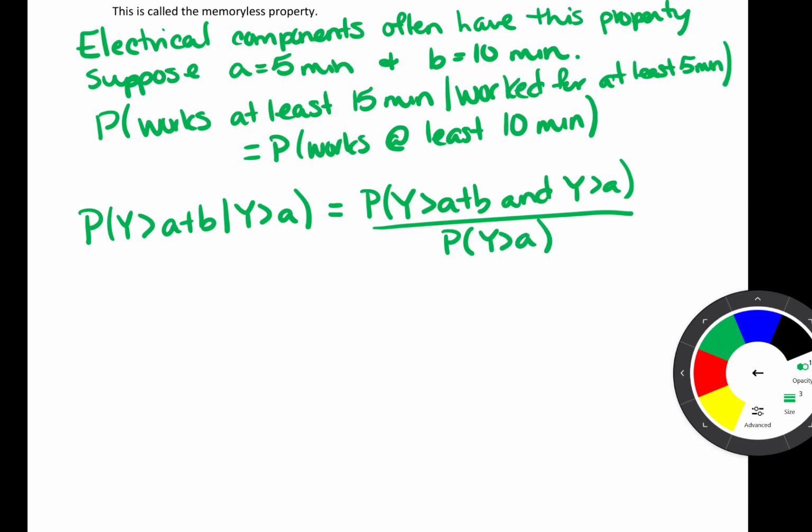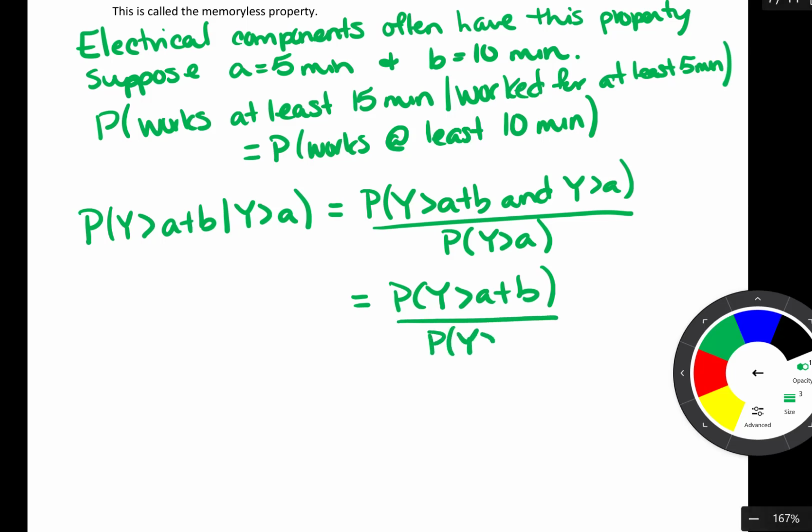Looking at the numerator, since b is strictly greater than 0, we know that the numerator just has to be equal to the probability that y is greater than a plus b, because if y is greater than a plus b, it's automatically greater than a. And again, this holds true since b is greater than 0.